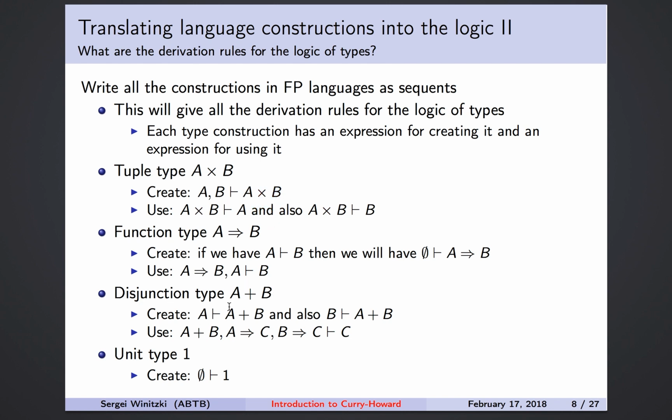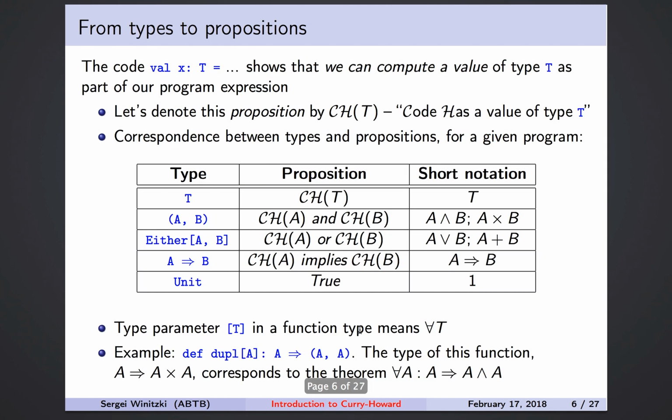For the disjunction type, we have two possibilities of creating a value of the disjunction type: inject into the left or into the right. So these are represented by these two sequents. And by writing this sequent, we represent the match expression, which takes a value of the disjunction type. It takes two functions, from A to some C type and from B to C, and the result is an expression of type C. So the match expression is always of this kind.